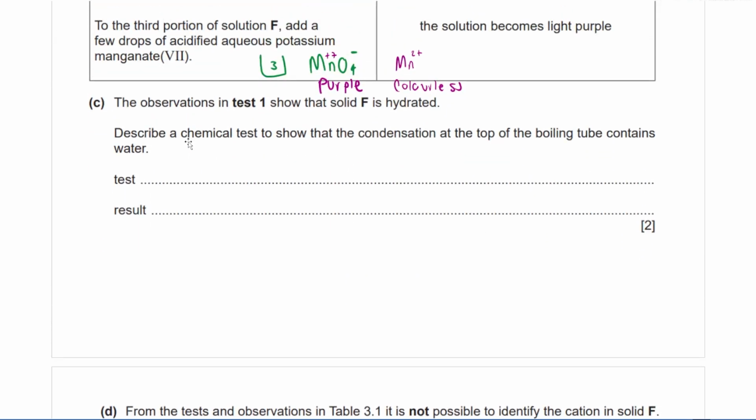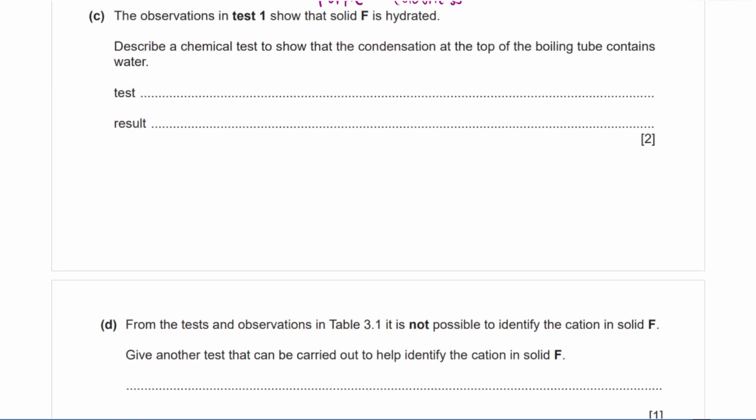So now we have to describe a chemical test to show that the condensation at the top of the boiling tube contains water. This is very simple. And for this, we have to remember something very important. And it is this image here. And please remember, this is copper sulfate. When it is blue, it means that it is hydrated.